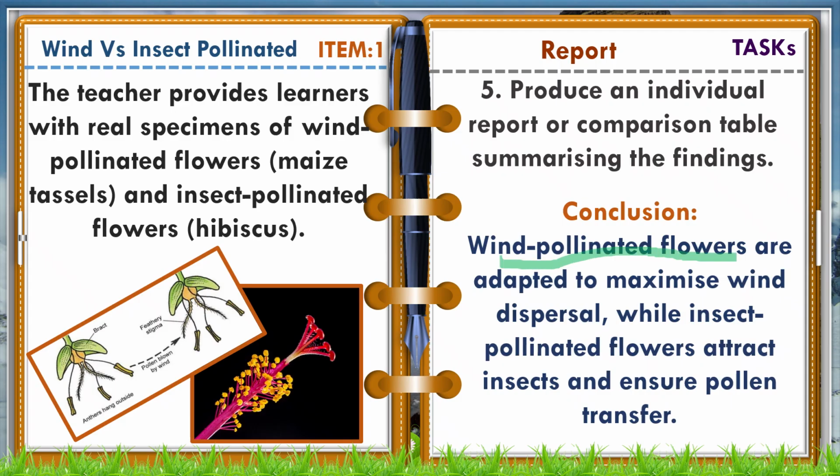Wind-pollinated flowers are adapted to maximize wind dispersal, while the insect-pollinated flowers attract insects and ensure pollen transfer.